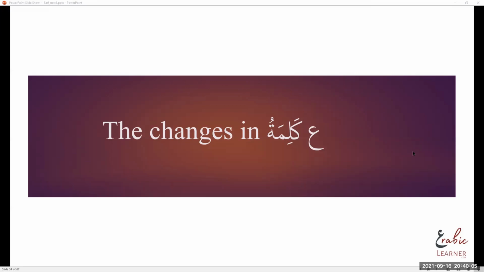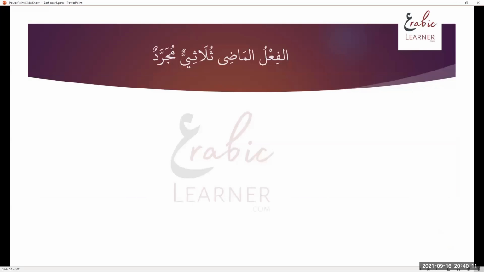What about Ain Kalima changes? Let's find out. Before we go into Ain Kalima changes, let us see Failul Maadhi again. I told you, in Thulathi Mujarrad, those fail that contain only 3 root letters in the Hua version of Maadhi, without any extra letters.